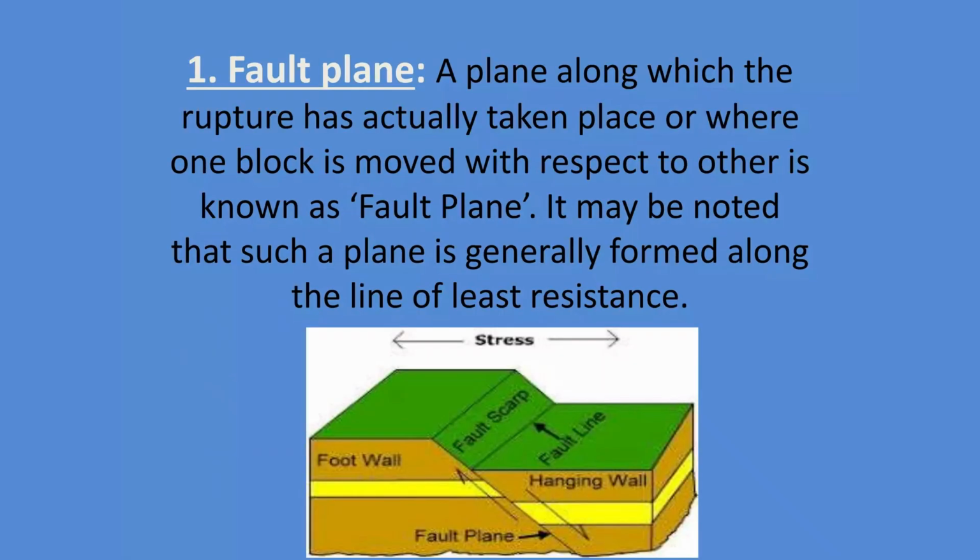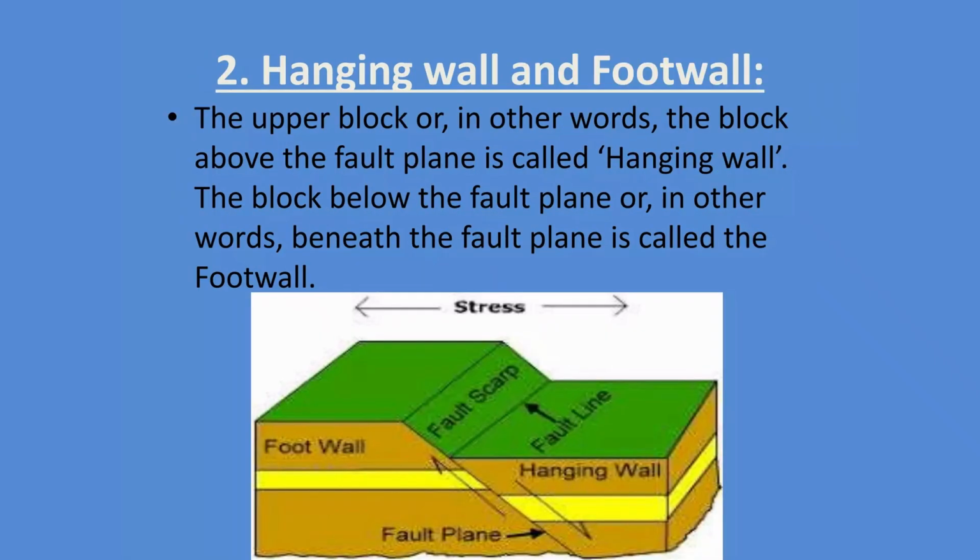So this is the fault plane in the field. You can see the fault plane with respect to which the foot wall and the hanging wall are moving away, or there is an offset of the bedding. This is the irregular bedding, and the offset of the bedding you can see in the section. And this is the hanging wall and the foot wall.